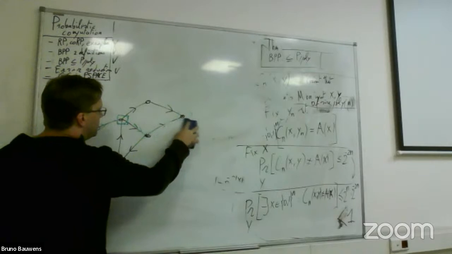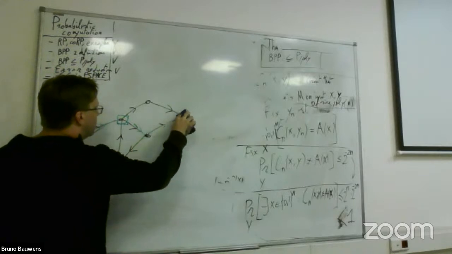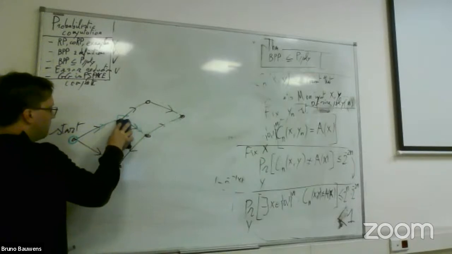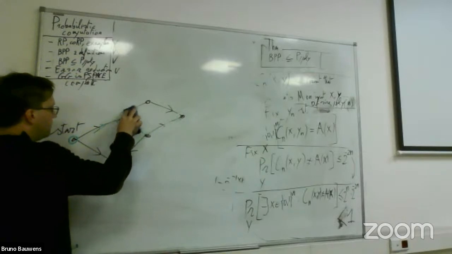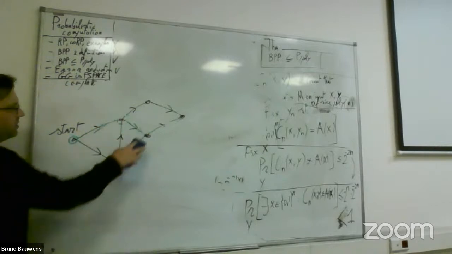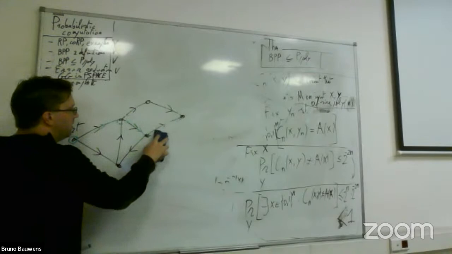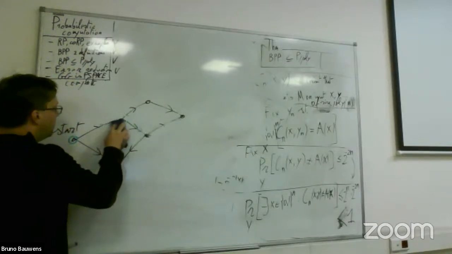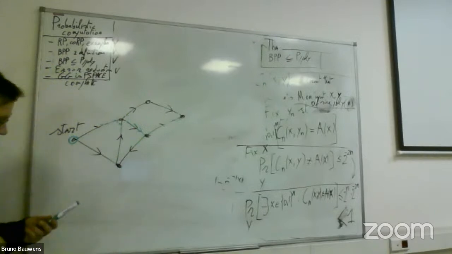And let us ask, does the first player have a winning strategy? What do you think? Again, a node can only be visited once. All edges are directed.